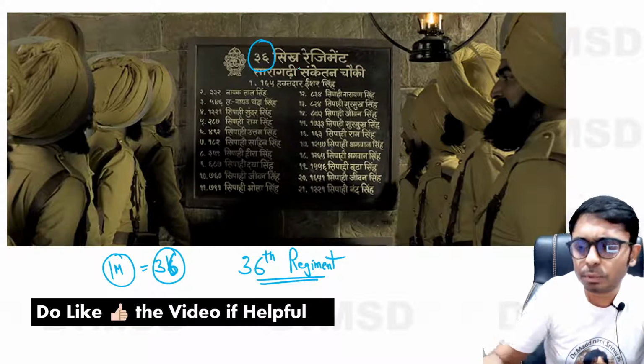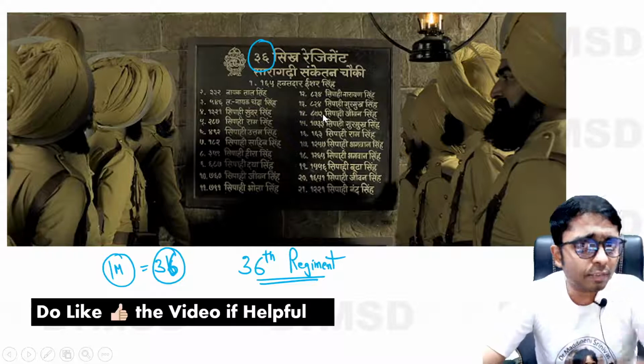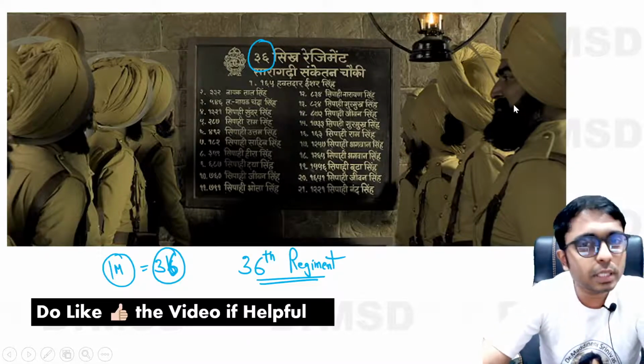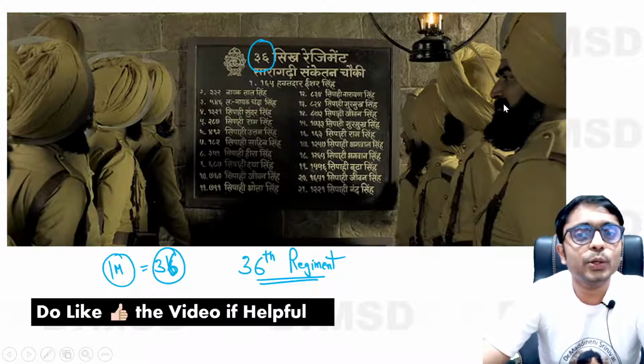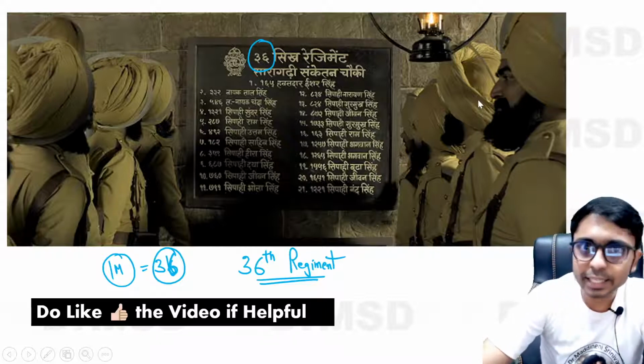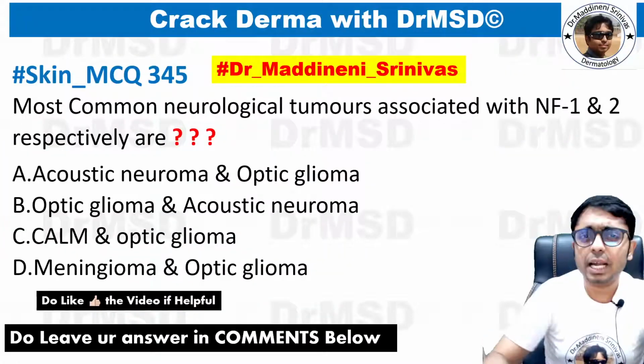And if you remember, this board is the last one to catch fire and finally vanish, but these soldiers definitely took place in the hearts of all Indians, even after their death. Okay, so that is how you can remember.